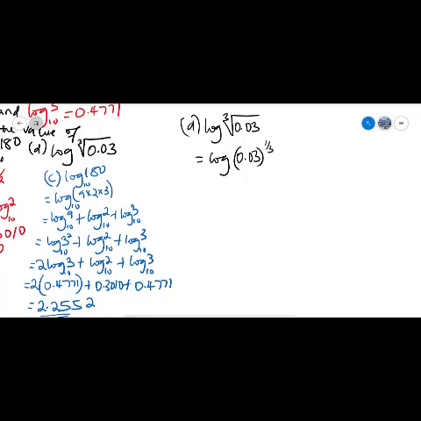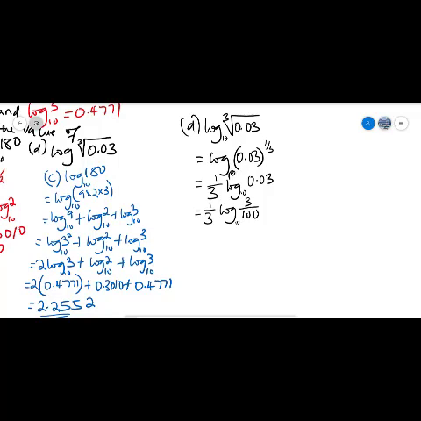If this is the case, according to the law of logarithm, I have 1 over 3 log 0.03, and of course this means 1 over 3 log 3 over 100, since 0.03 is the same as 3 over 100. Remember that all of this is to base 10.